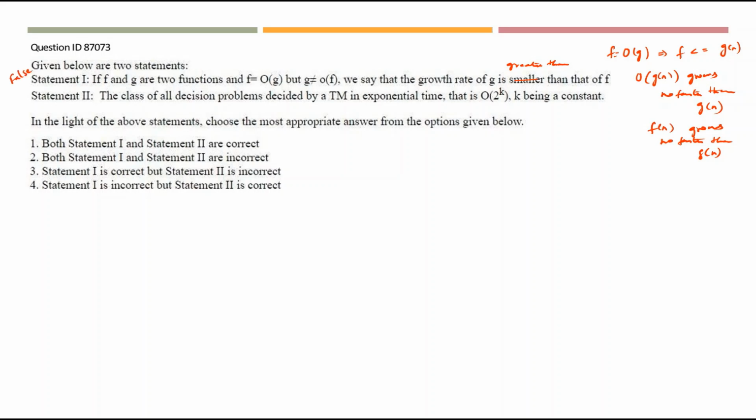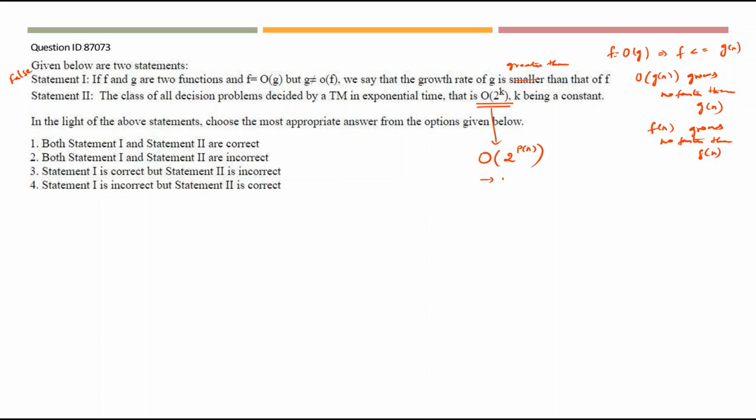The second one, the class of all decision problems decided by a Turing machine in exponential time, that is big O of 2 power k, k being a constant. This part is wrong. What is the right thing? All decision problems solvable by a Turing machine in exponential time, and the time will be big O of 2 power p of n.